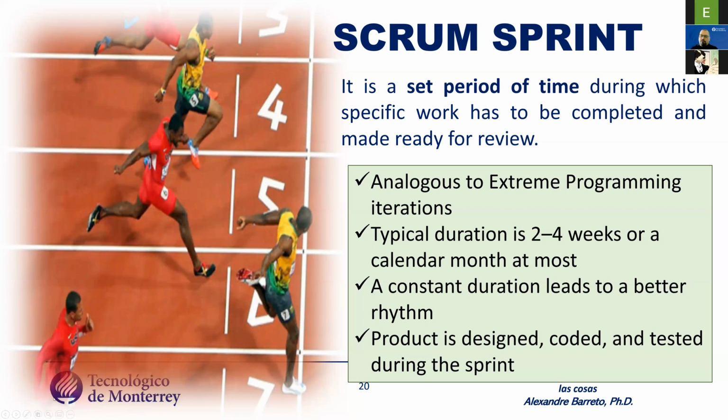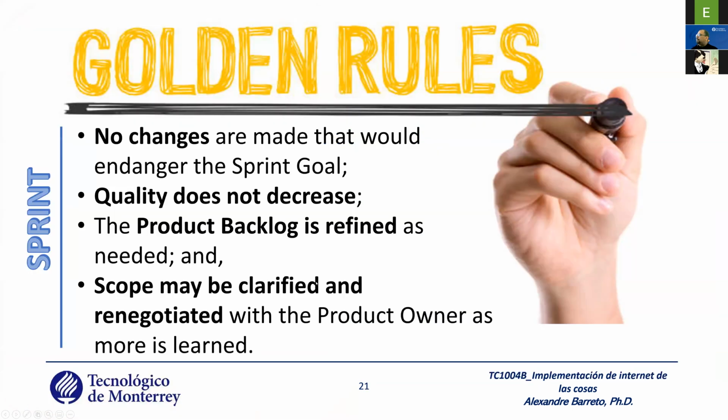There are some golden rules. The first golden rule is no changes are made that would endanger the sprint goal. You define the sprint goal in the planning phase. When you define the sprint goal, consequently, you define which user story you work on and which tasks are required to implement the sprint goal.